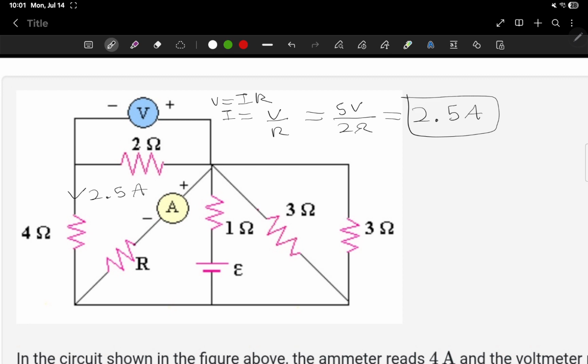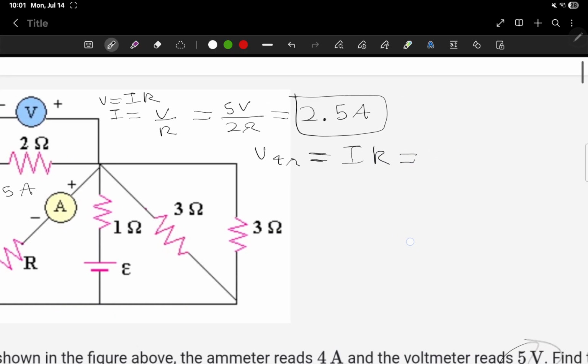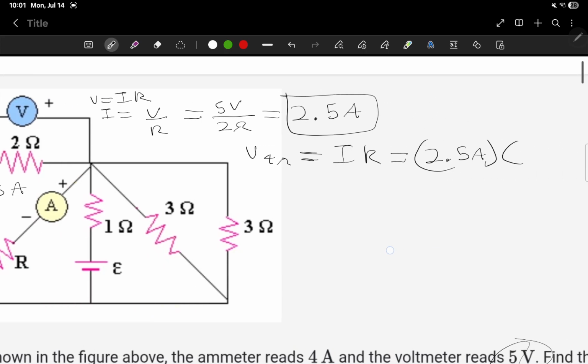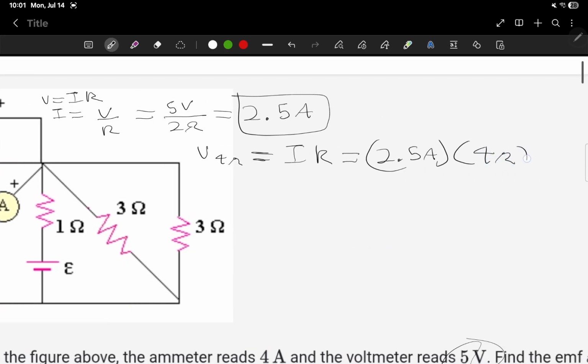We're going to use Ohm's law again on this 4 ohm resistor to find its voltage. So the voltage on this 4 ohm resistor, I'll label it for you, is IR. The current is the same as before, so we're solving for 2.5 amperes times R, which is 4 ohms in this case.